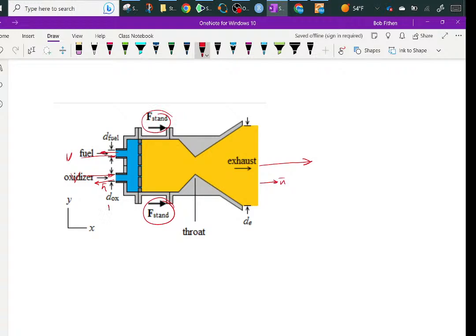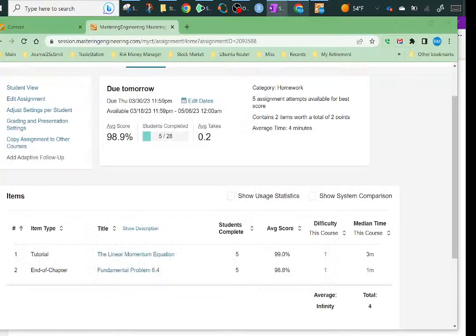So I'm going to label this one as 1, this one is 2, and this one is 3. What I really need to know is the area of 1, area of 2, area of 3. I need to know velocity 1, velocity 2, velocity 3. And in this particular case, I might need to know this, depending on how and what he's asking here.